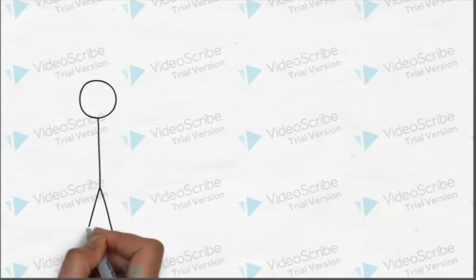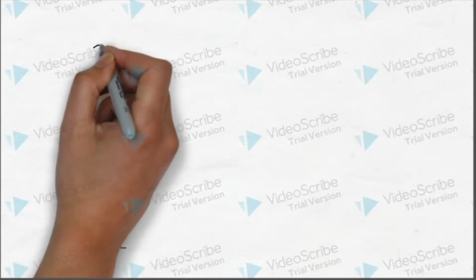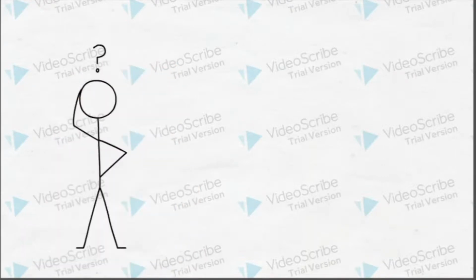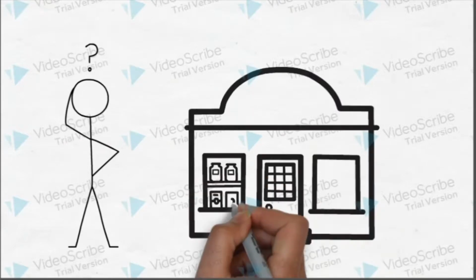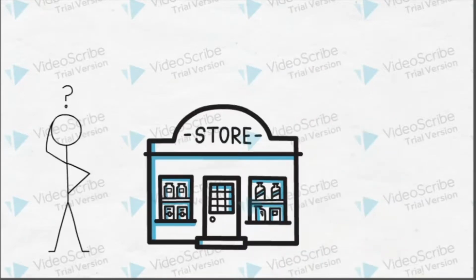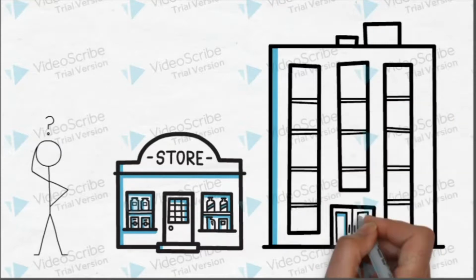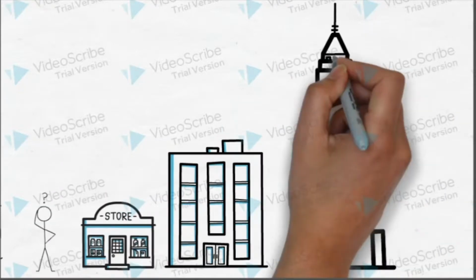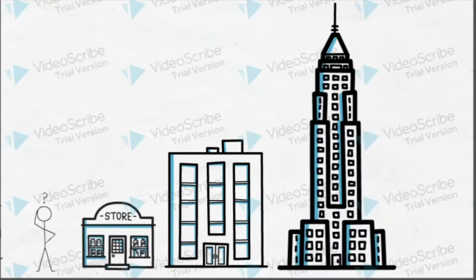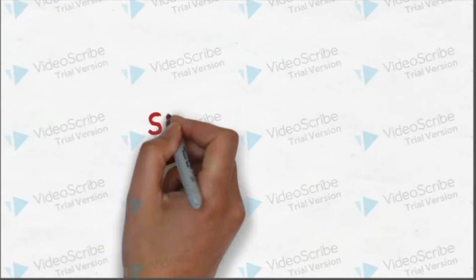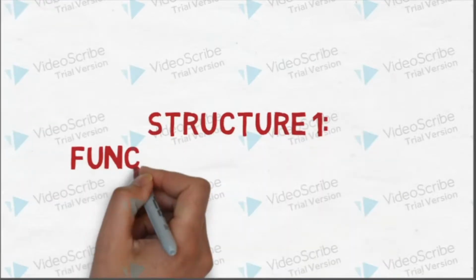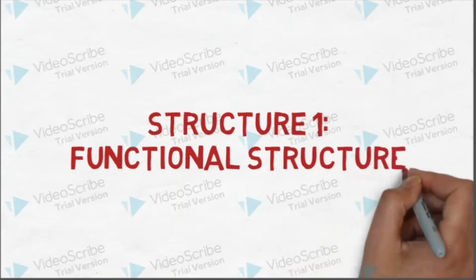The right structure depends on the particular challenges each organization faces and what size they are. However, even a small entrepreneurial startup, once it involves more than one person, needs to divide up responsibilities between different people. The first structure we are going to explain is the functional structure.